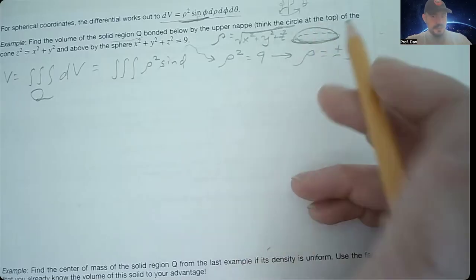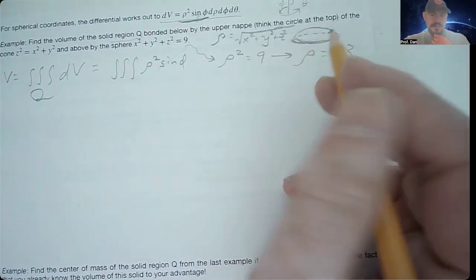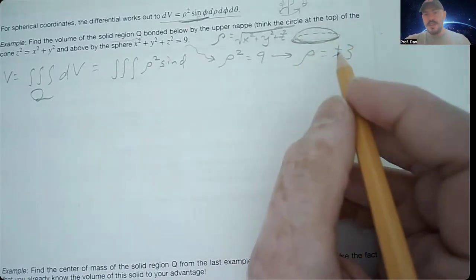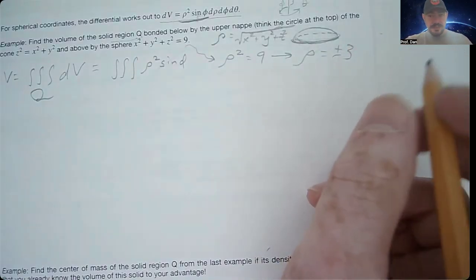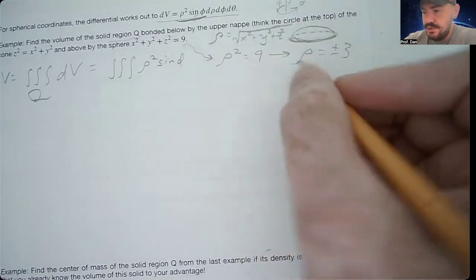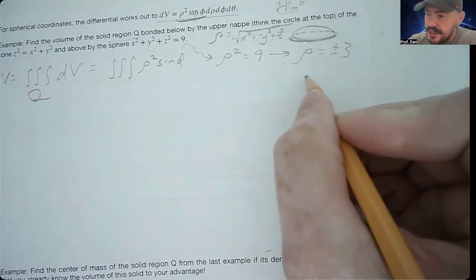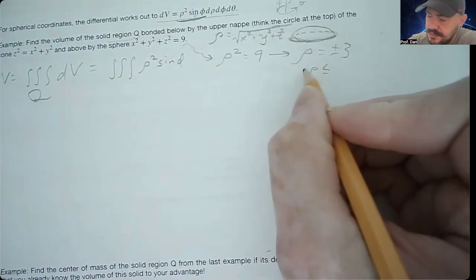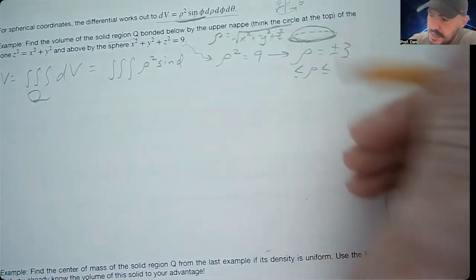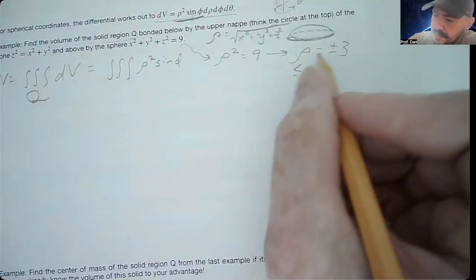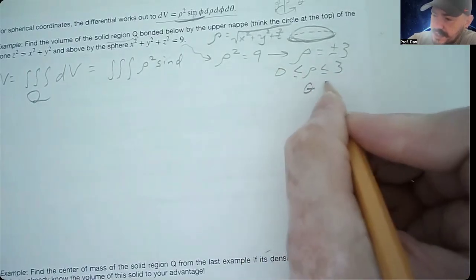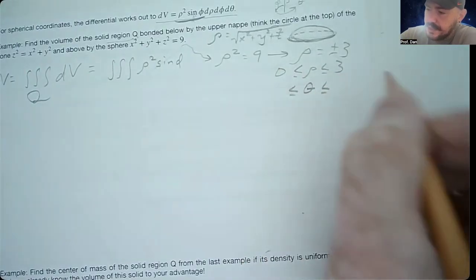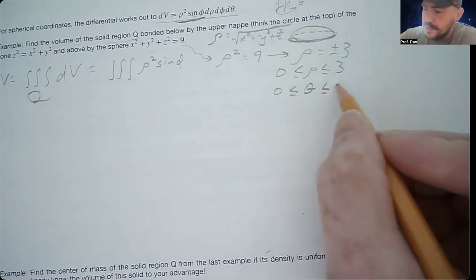Remember, you do have that other option where you only trace out half the circle and use both the plus and the minus. But we love having 0 as one of the bounds on our integral. So yeah, we're going to say that rho is going to range anywhere from 0 to 3. By extension, theta is going to range anywhere from 0 to 2 pi.